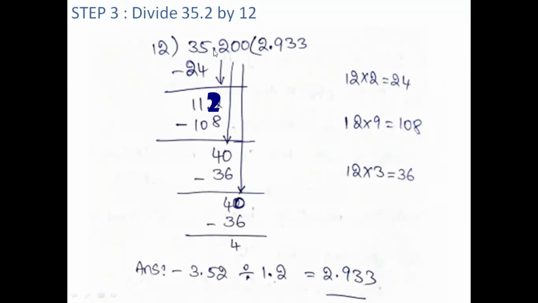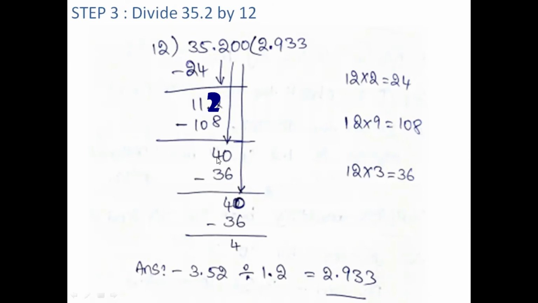We are having a decimal point, so you have to keep the decimal point in the quotient also. Next, 2 as it is, write down 12. 9 twelves are 108. 112 minus 108, the difference is 4.